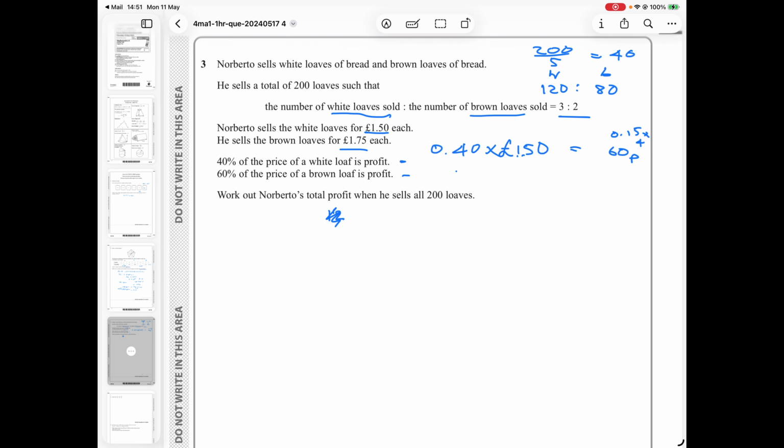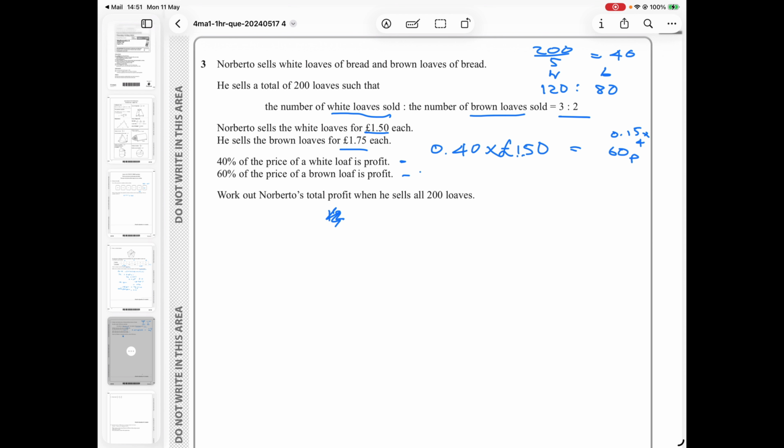I really do think I might need to use a calculator. Oh, I've got a calculator, it's just here. I'm just going to make my life a lot easier and do this. So let's do 120 times 1.5, and then times that by 0.4, which is 72.